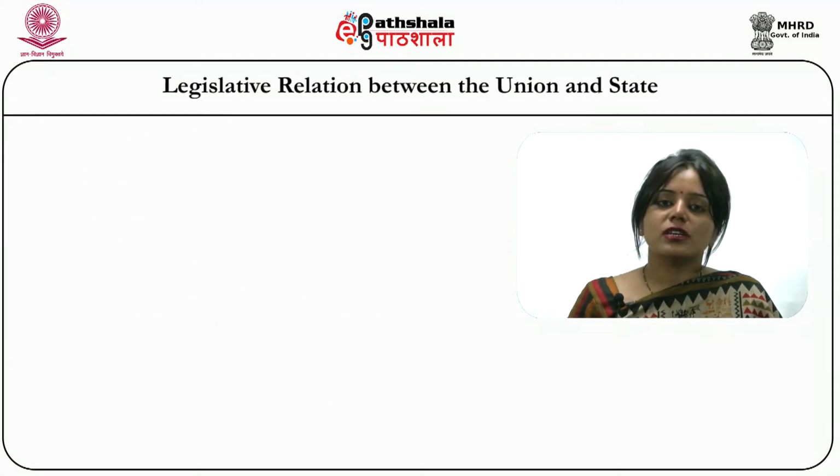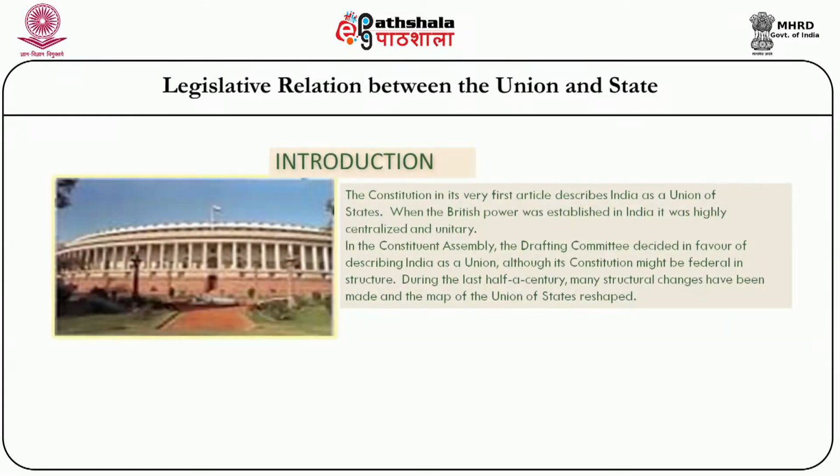So dear students, let us come to the introduction portion of the legislative relations between Union and States. Firstly, the Constitution of India, in its very first article, describes India as a union of states.